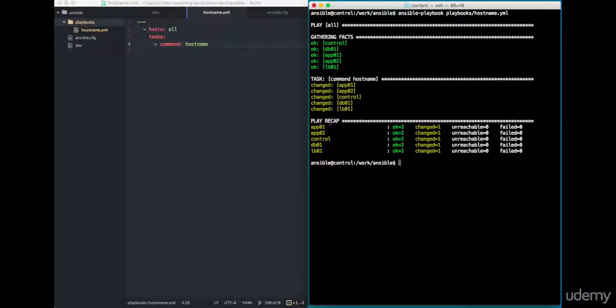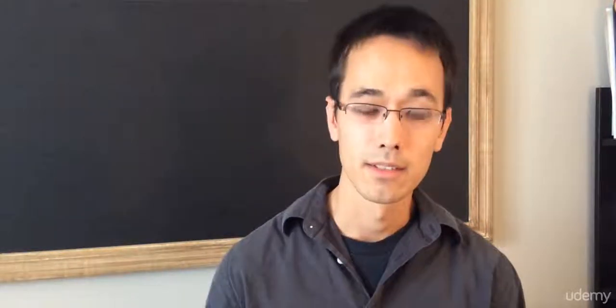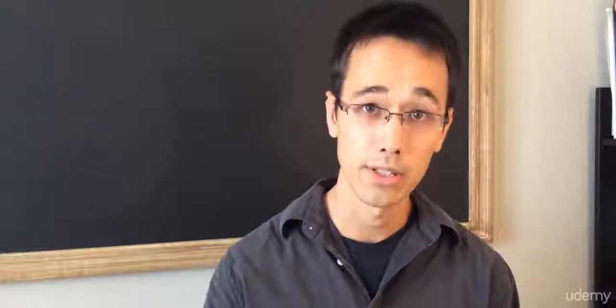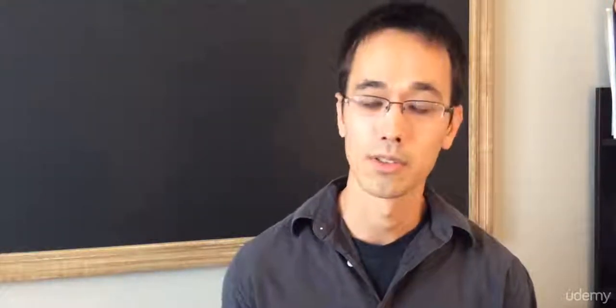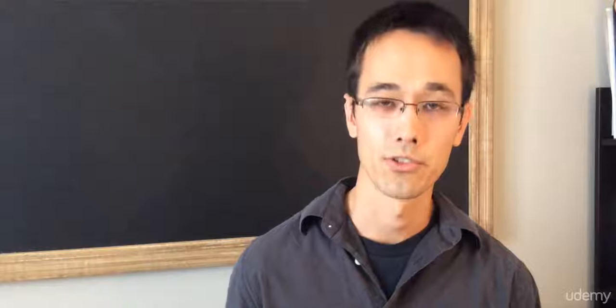And this highlights idempotence and the danger of using things like command and shell. For many of the modules, Ansible is able to tell automatically whether a change happened or not. And when there's no change, you'll see an OK, and that step will skip. In our case, running command, it's really up to the contents of our command to determine if there was a logical change on our system.